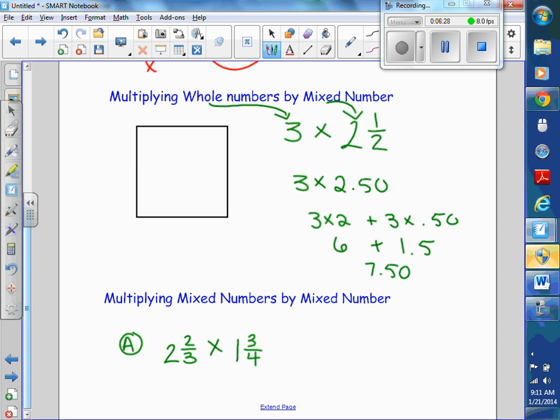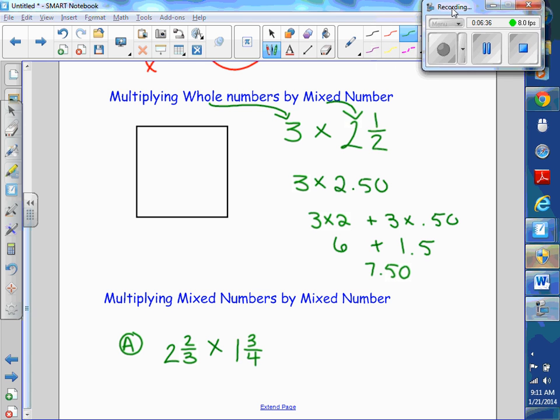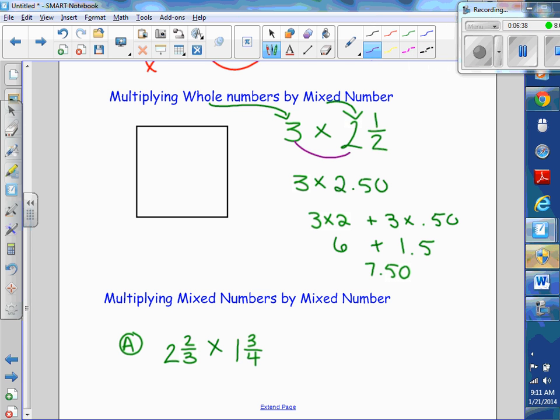Does that make sense? But how about the rest of you guys? Did you notice though when we did 3 times 2 and a half then, we didn't just do the 3 times the 2. We had to do the 3 times the half. Okay? So you could draw a quick little picture of that. You could do 3 here, 2 here, and then just put a line and make a half here.